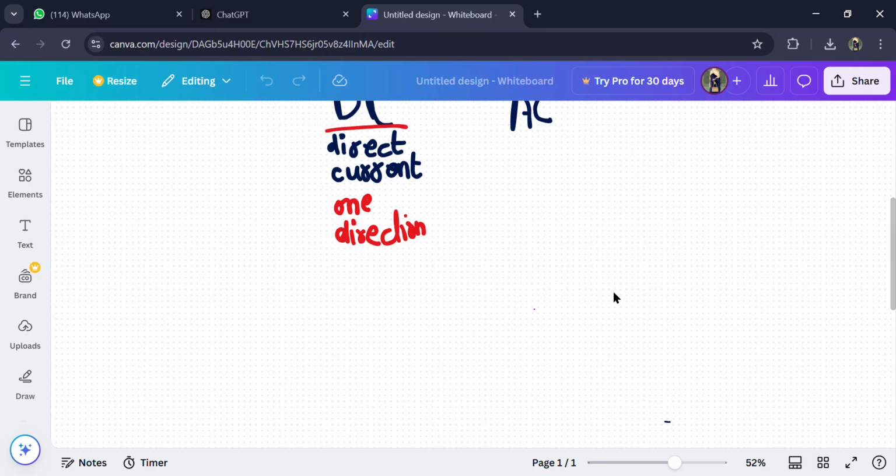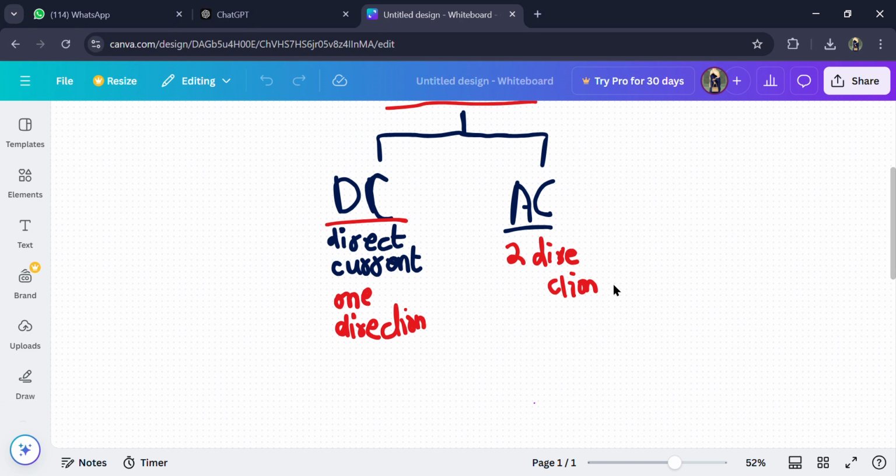But in the case of AC current, the electrons are moving in two directions. Those are known as AC current, alternating current. I forgot to tell you its full form: alternating current.